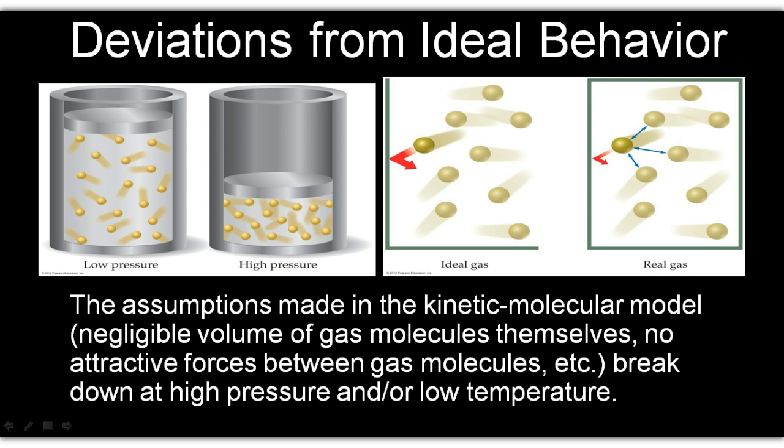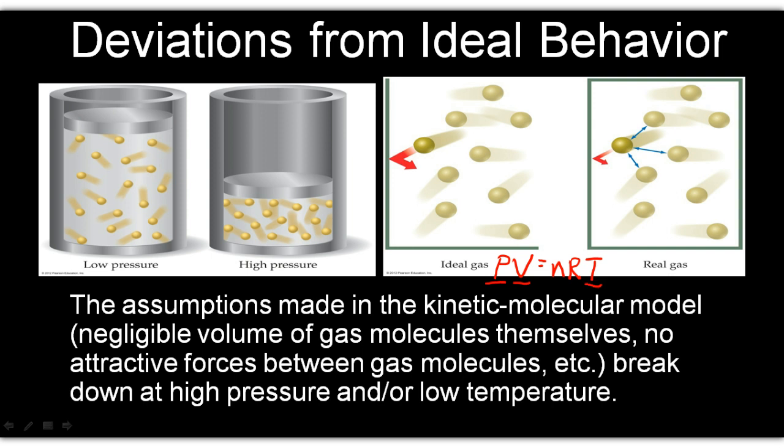So here are these deviations, and we'll write PV equals nRT in here somewhere. The main things we're looking at are what is affecting the volume of a gas and what is affecting the pressure of a gas. Ultimately, gases behave most ideally at very low pressure or very high temperature.